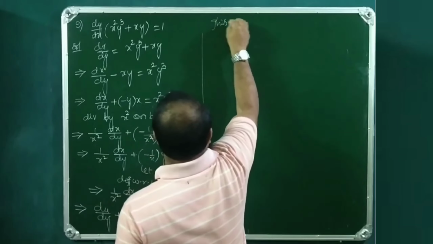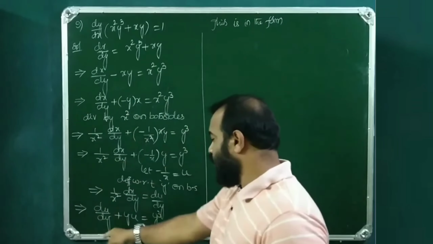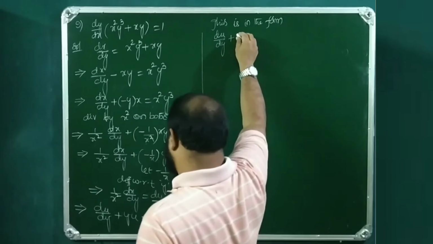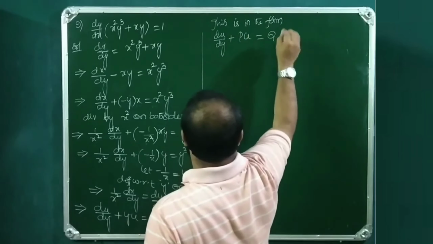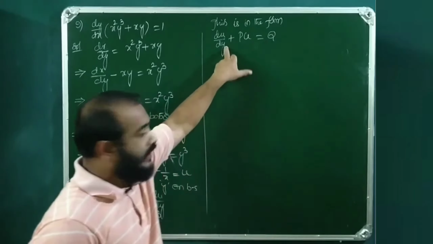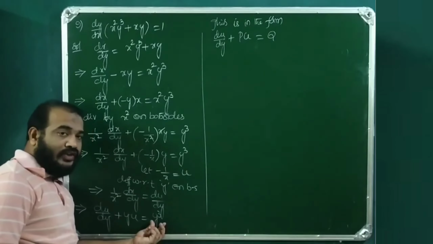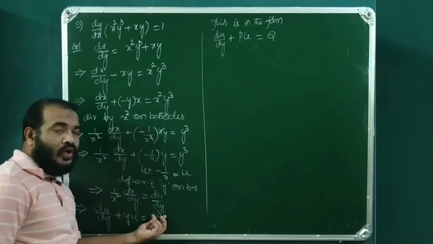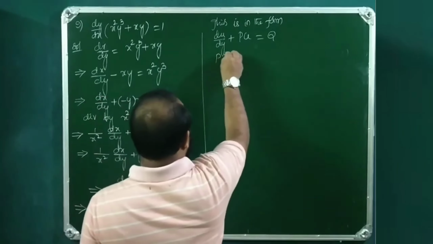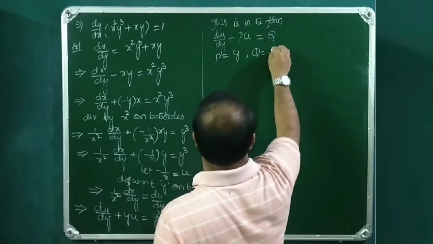This is in the form du/dy + Pu = Q. Here P, Q should be in terms of y. See here, y is P here and y^3 is Q here, and P, Q are in terms of the independent variable y. So here P = y, Q = y^3.